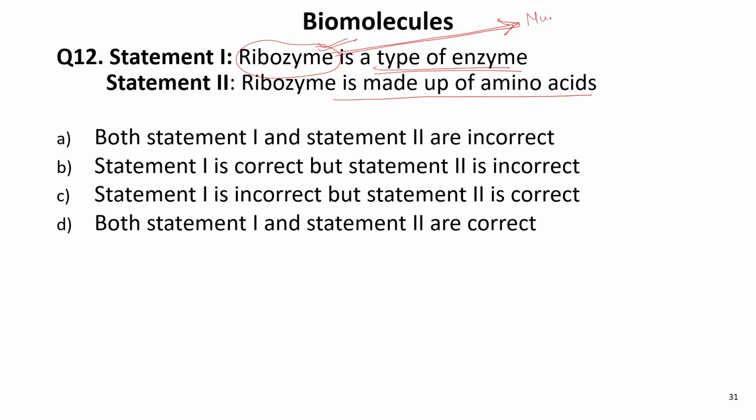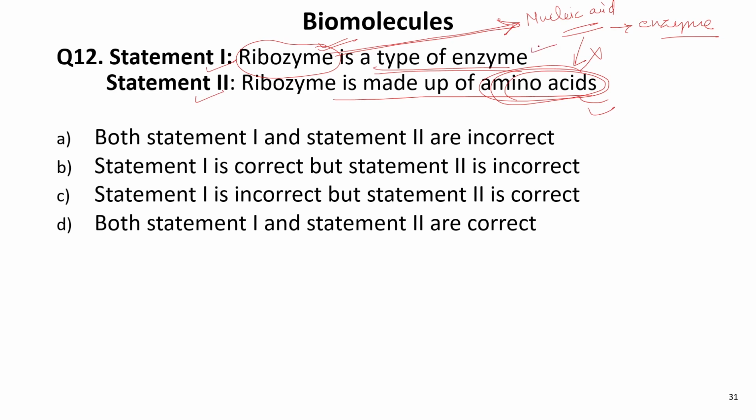It is a nucleic acid that acts as an enzyme. So it is not made up of amino acid. So with my prior knowledge, I am able to analyze statement 1 and statement 2.